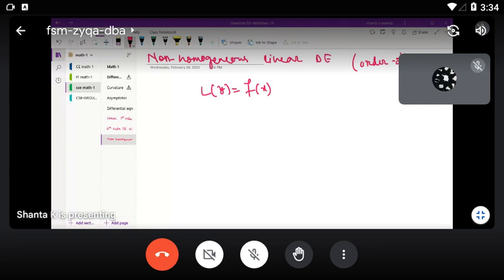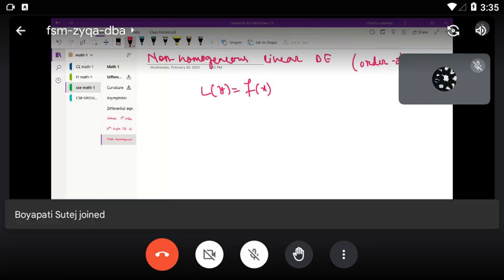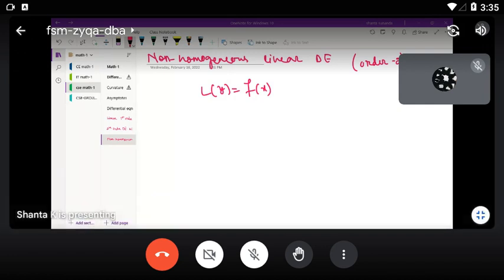Now the general solution, how will it be represented? The general solution of this non-homogeneous equation is represented as the sum of some particular solution of the equation and the general solution of the homogeneous equation. General solution you know how to find.